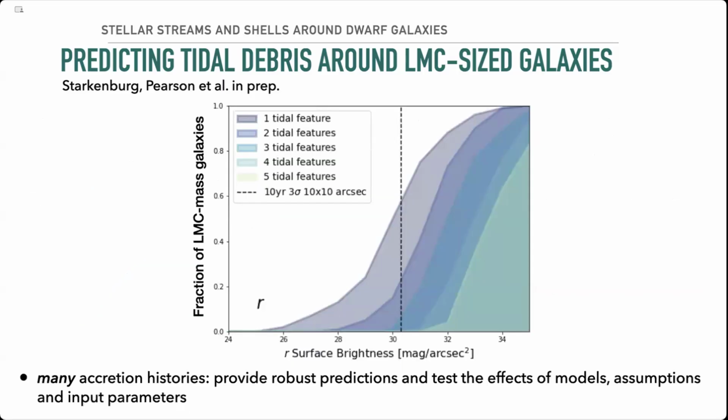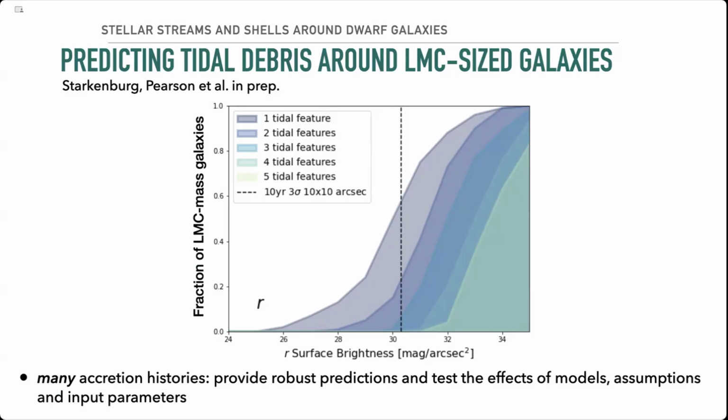So specifically for LSST, these are my preliminary predictions for how many features, streams or shells, you would expect around an LMC-sized galaxy. What I'm plotting is, for surface brightness, the fraction of LMC-sized galaxies that would be expected to have 1, 2, or more tidal features.